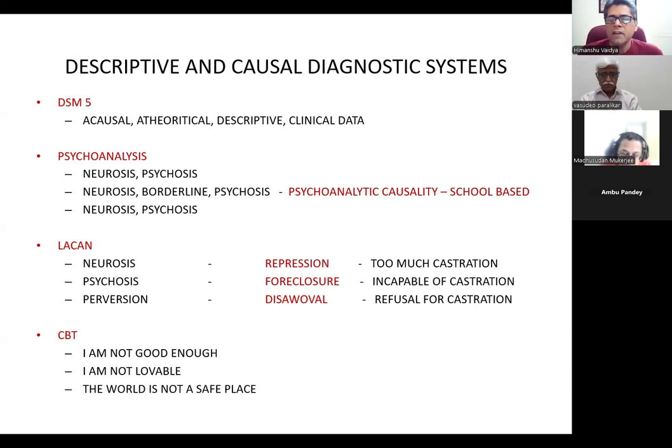And obviously, we get patients of all types. We are not going to get only Freudian or only Kleinian patients. We have patients of all types. Now, in terms of Lacan's diagnostic system, he talks of causality in terms of the core unconscious process which is central to that category of pathology.